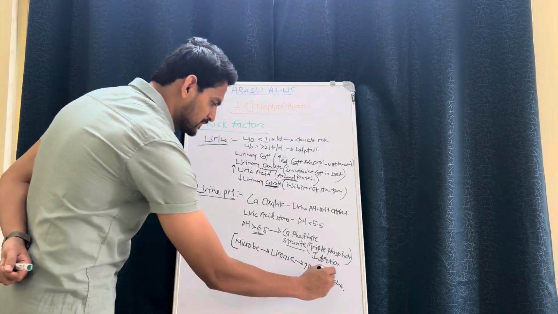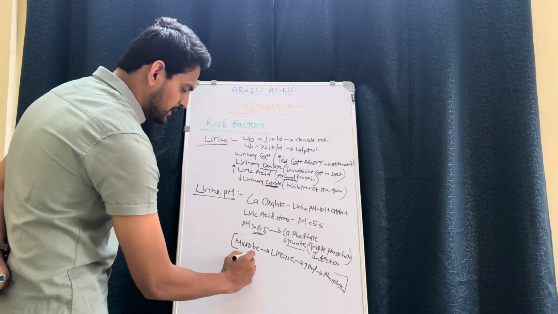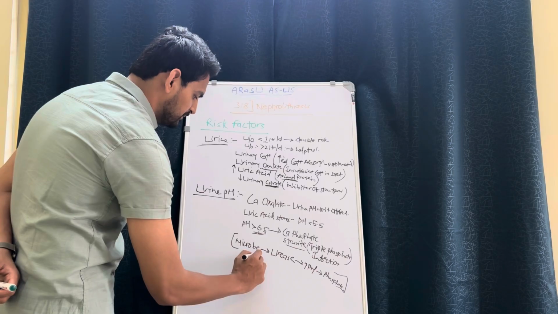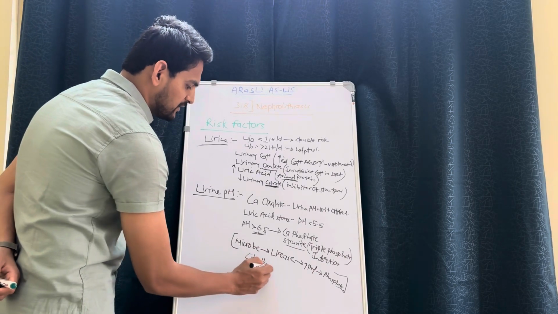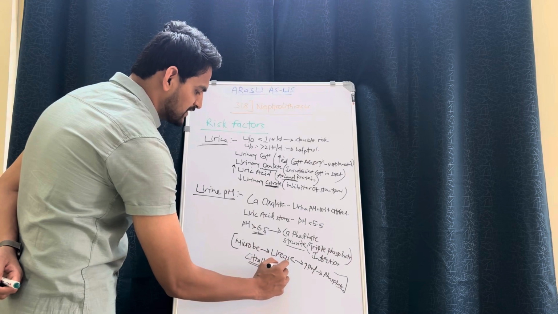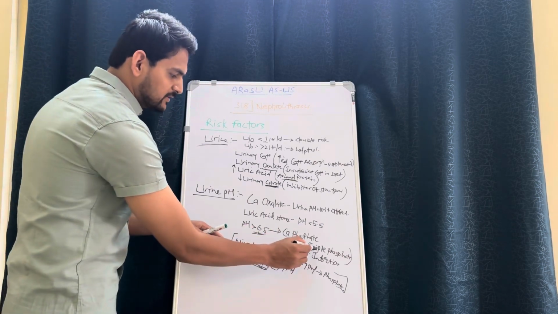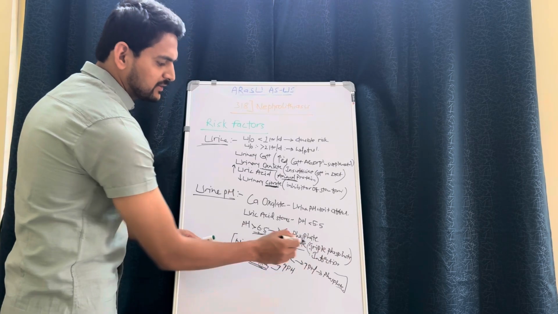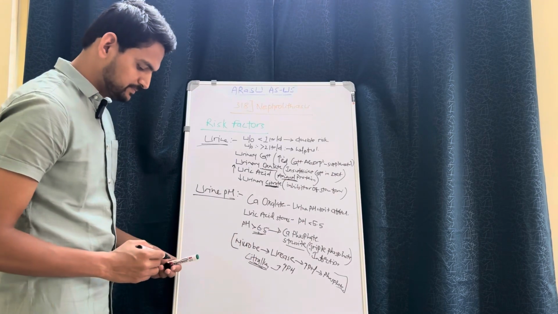So why this is so important? Because in this situation, usually we will give alkali syrups such as citralca. So this will again lead to further rise in the pH, aggravating stone formation. So in kidney stones where phosphate is the major reason, we should avoid this alkali syrup.